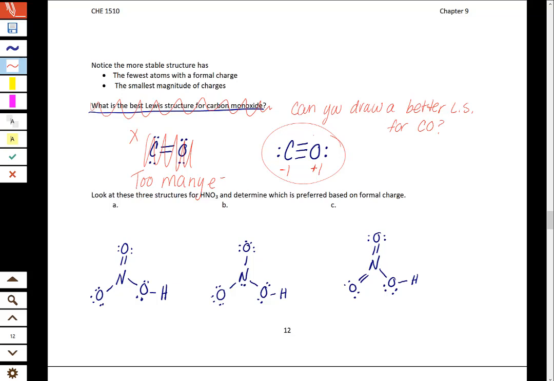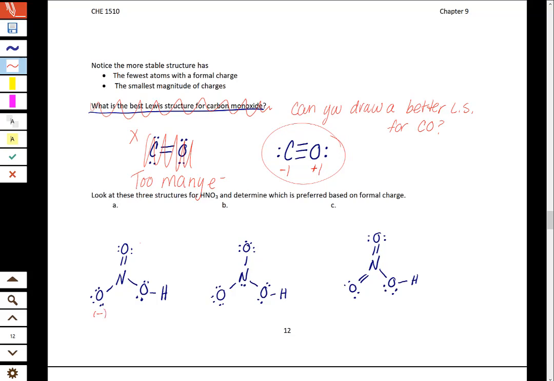So let's go to a question that I know looks good. And I want you to look at these structures and tell me which one you think is best based upon the formal charge. And so you can pause here right now if you would like and calculate some formal charges. Otherwise, I'm going to give you formal charges and then you can pause after that to think.